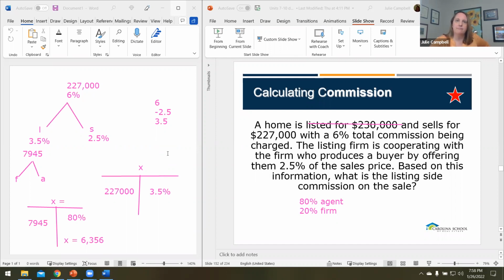Questions? Yeah, Claire? What percentage of the commission does the firm usually take? There is no usual.